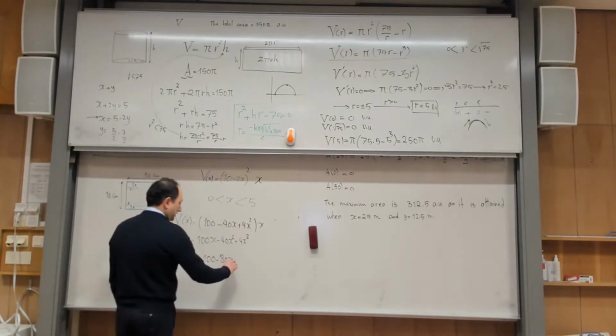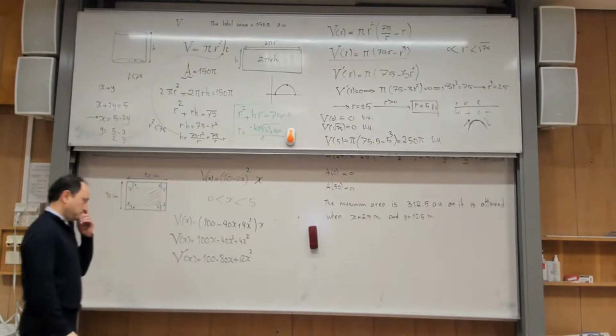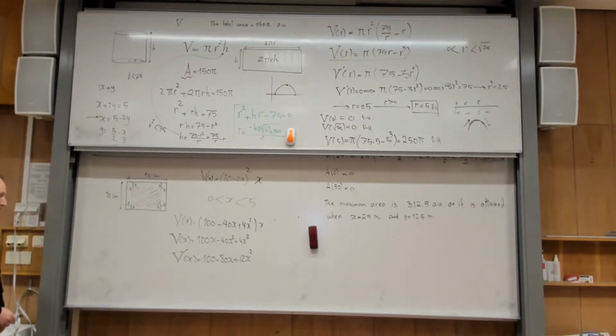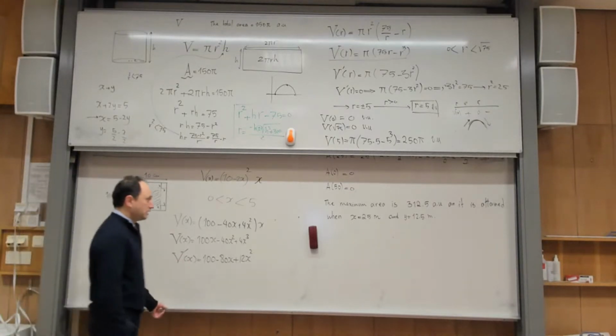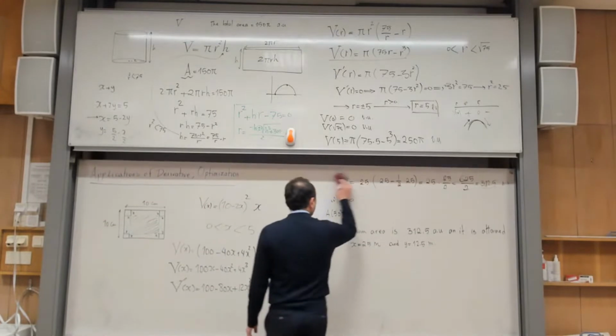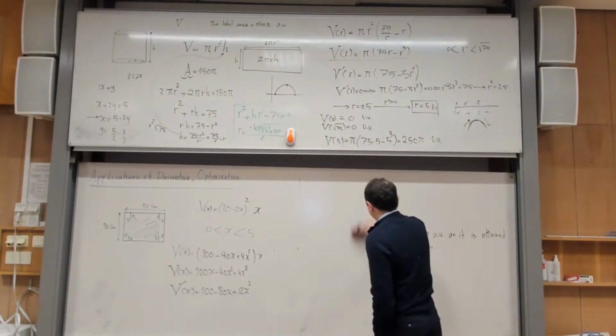Yeah, that is a very bad number now, I realize. Okay, so that's inevitable. We have to put it equal to 0, and we have to solve it using the ABC formula. Okay, so that is your derivative.